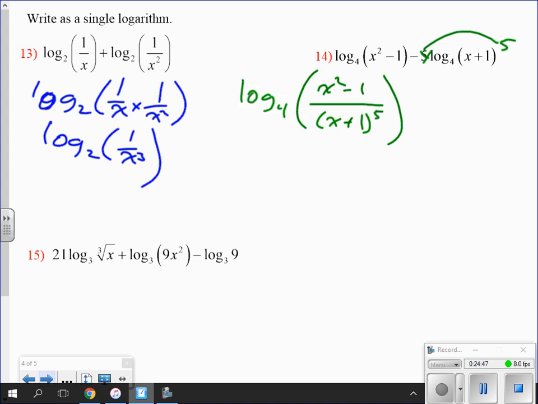What's so hard to factor? Really? You're whining about factoring x plus 1 to the 5th power? It's already factored. I'll never make you FOIL that out.